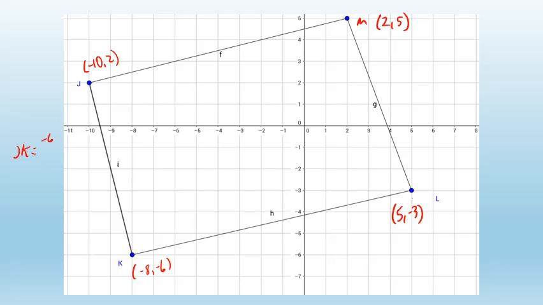So I get -6 minus 2 over -8 minus -10. -6 minus 2 is -8, over -8 minus -10, which makes that a +10, so -8 plus 10 gives me 2. And so the slope of JK is -4.